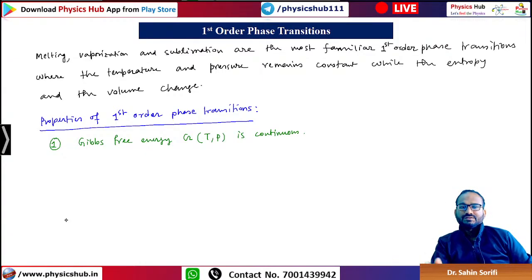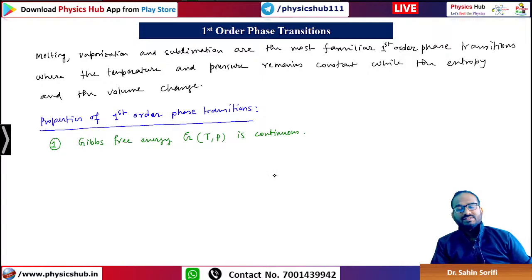For the timing, you just need to know that the order of the derivative of Gibbs free energy G that is discontinuous decides the order of the phase transition, and the lower orders remain continuous. For a first order phase transition, the first order derivative of G is discontinuous, and one order lower, that is the Gibbs free energy, is continuous.